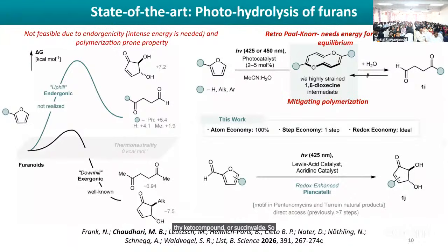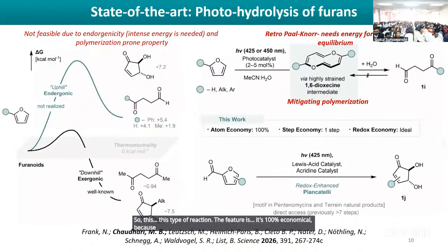Similarly, on the right side bottom, you can see the furfural, which undergoes the photocatalytic reaction, and it gives a Piancatelli type rearrangement. This type of reaction is 100% economical because we are simply using water to break up this ring.